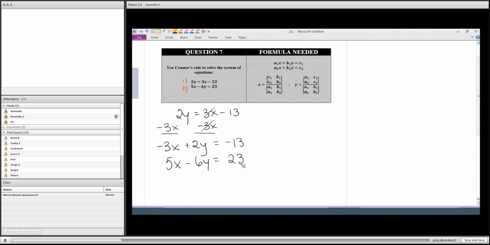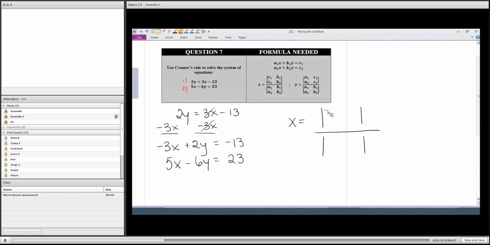And now we're going to set up x, and we want to solve for x, so let's set up the matrix and find its determinant. So let's find x. And again, we're finding x, so you want to replace your coefficients for x with your constants negative 13 and 23.